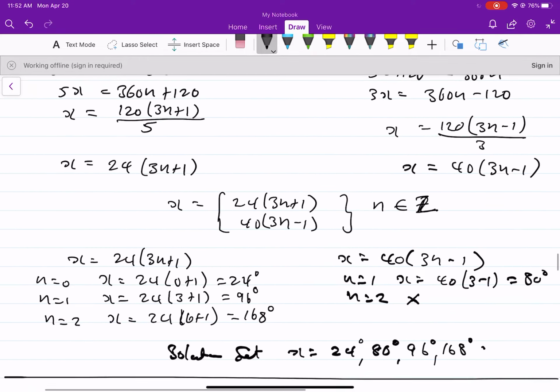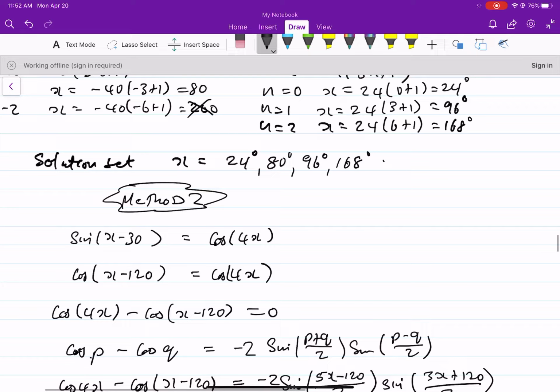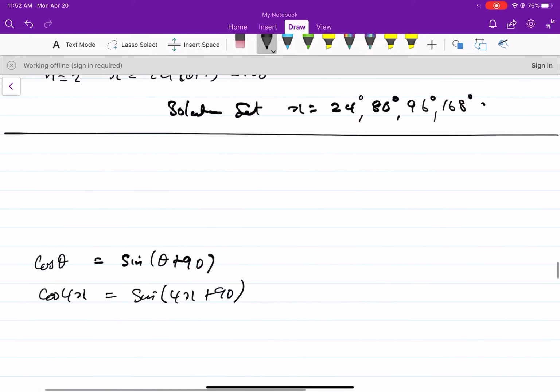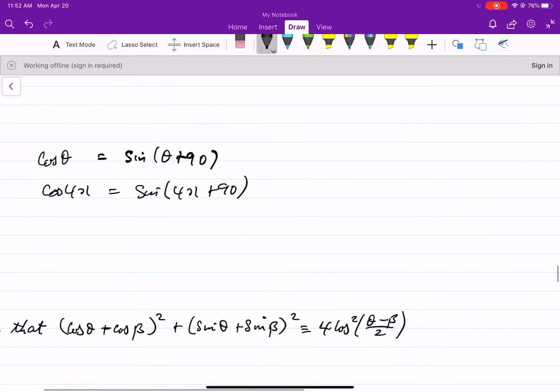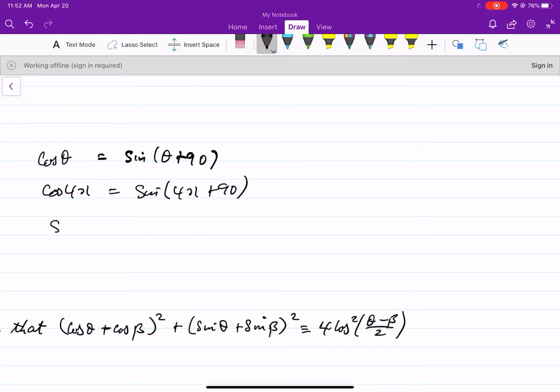So now both sides of the original equation would look like, I keep forgetting. The original equation was sine of x minus 30 is cos 4x. You're going to keep the left-hand side the same, sine of x minus 30.